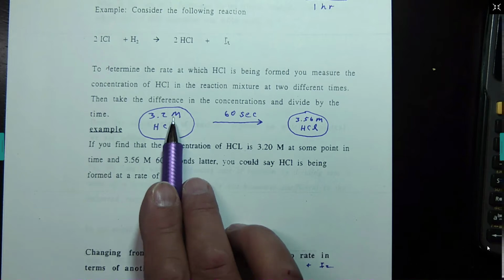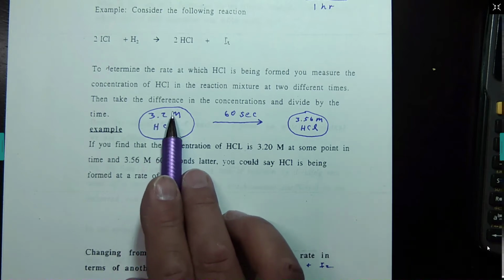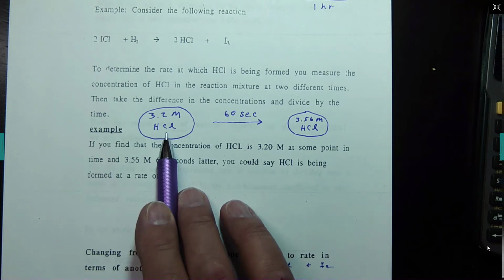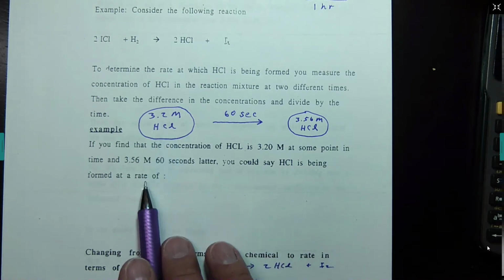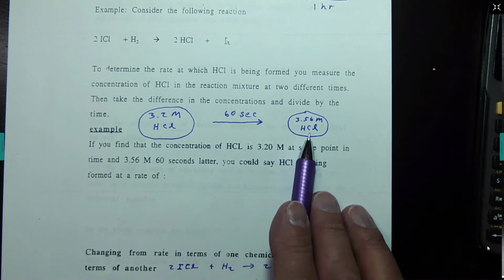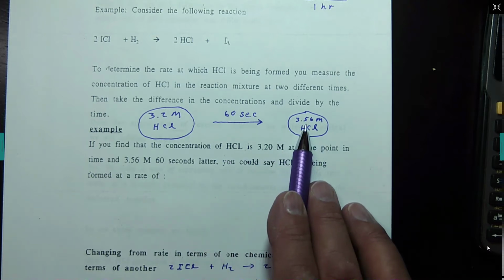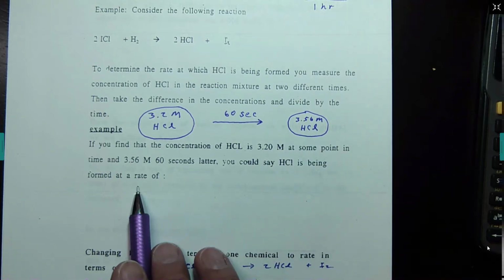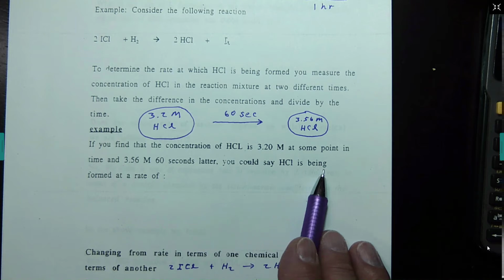You've got your flask here with the reaction going on. The HCl has this concentration. 60 seconds later, same flask, the HCl has this higher concentration. What is the rate at which hydrochloric acid is being formed?